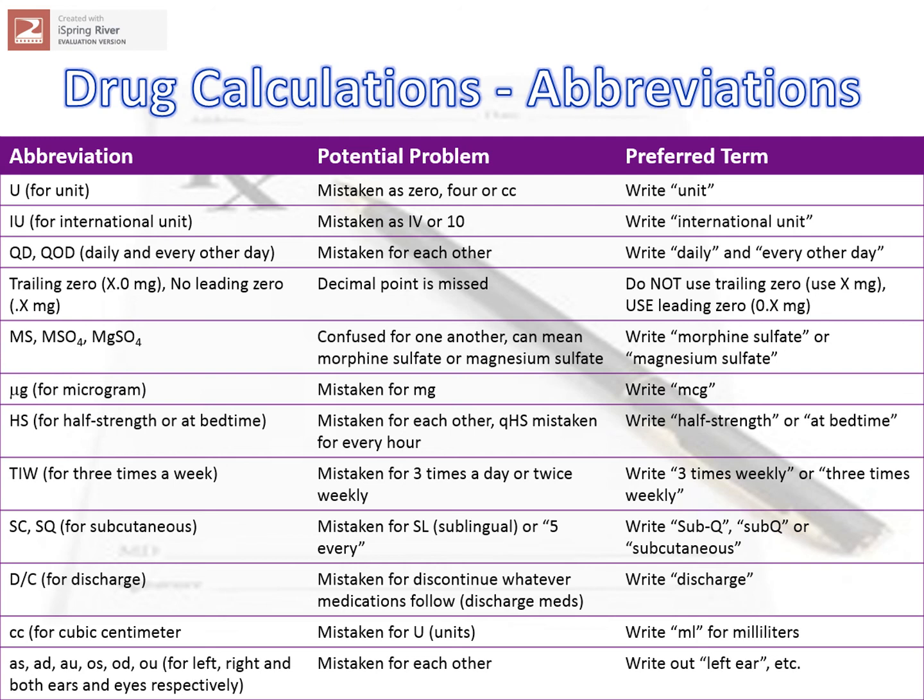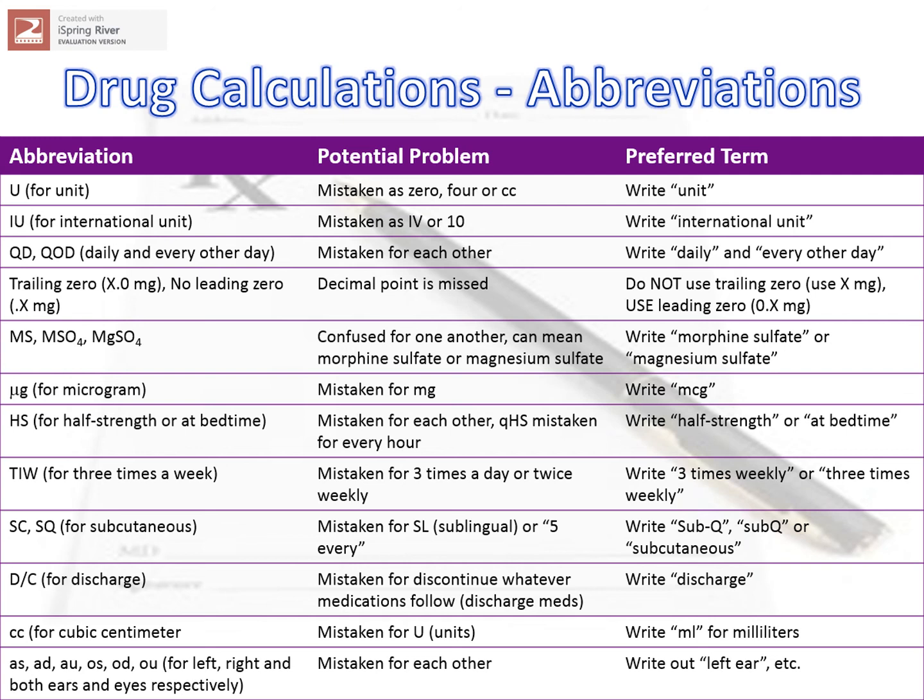Another one is MS, MSO4, MgSO4. They get confused. Magnesium sulfate and morphine sulfate get very, very confused. Don't use those.